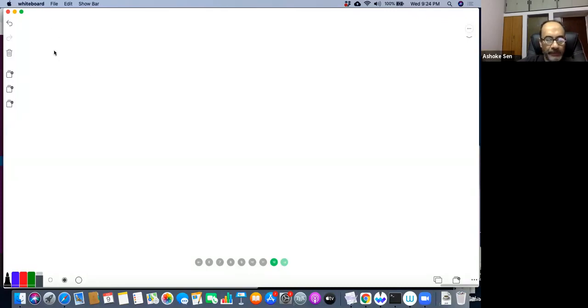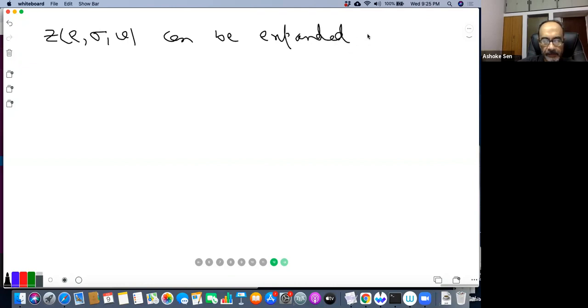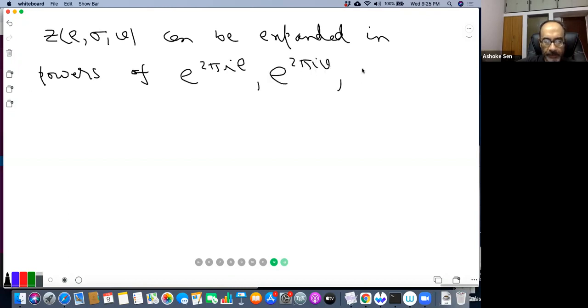Okay, so now given that we know Z, we can expand it in powers of e to the power 2 pi i rho, e to the power 2 pi i v, and e to the power 2 pi i sigma to find B6 for a given set of charges.